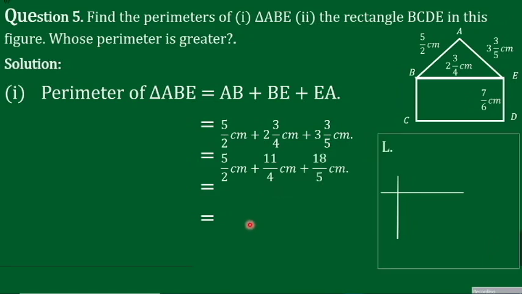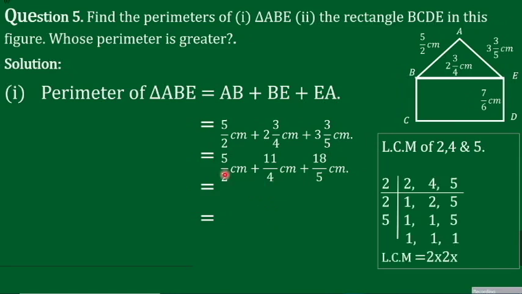Correct? Now next we are taking LCM. You know why we are taking LCM? Because to add all three fractions, we need to convert all these into like fractions. What are like fractions? The fractions whose denominators are the same are like fractions.